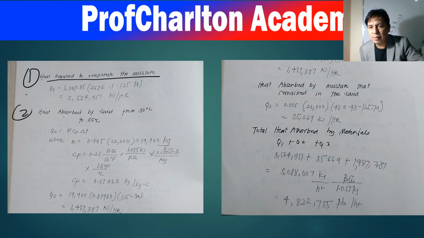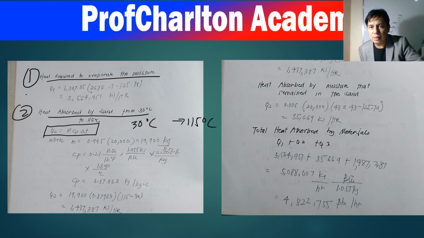Number two, the heat absorbed by the sand from 30 to 115, because the fluid is at 30 degrees centigrade up to the wet feed of 115 degrees centigrade. So there's a delta T, because the formula for heat transfer is Q equals m Cp delta T. So this one is just the m h.